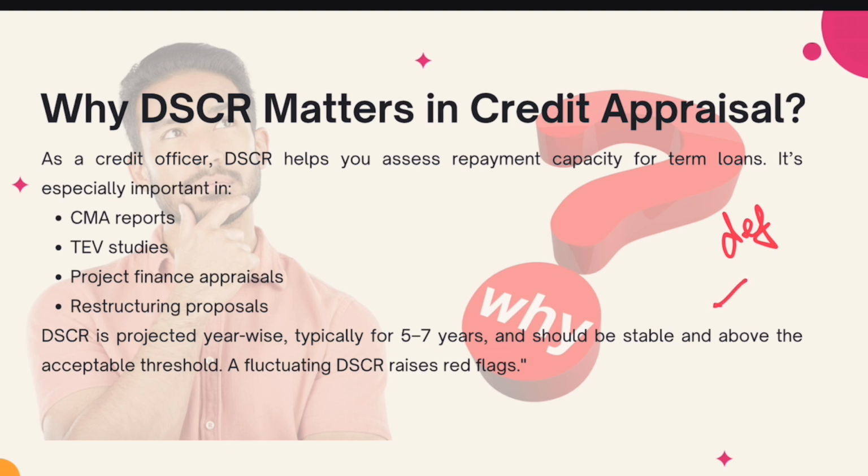Flexible repayment terms. In India, lenders typically look for DSCR from 1.2 to 1.4. That is the minimum ratio, right? But what is the higher? It is like 2 and above is ideal, right? If your DSCR falls below 1, the banker's alarm rings, and that is obvious, your loan is not sanctioned, right?